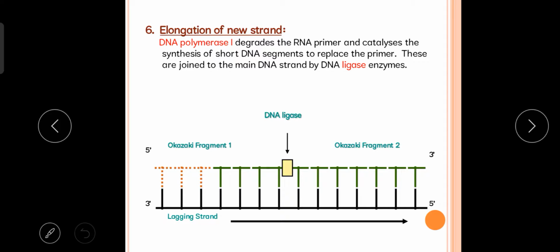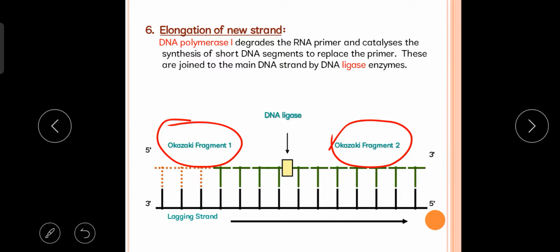Here see in this diagram. This is Okazaki fragment, this is Okazaki fragment. So these are two Okazaki fragments, but you can see there is no RNA primer here. This RNA primer is already removed by the DNA polymerase 1, and in those places these nucleotide sequences are formed.